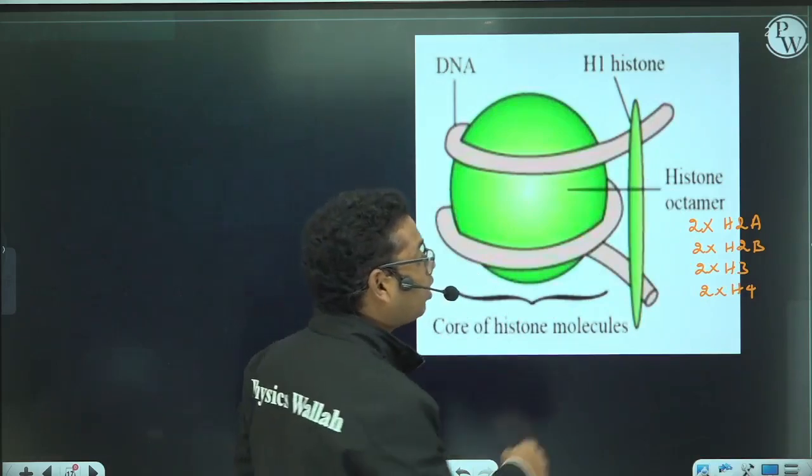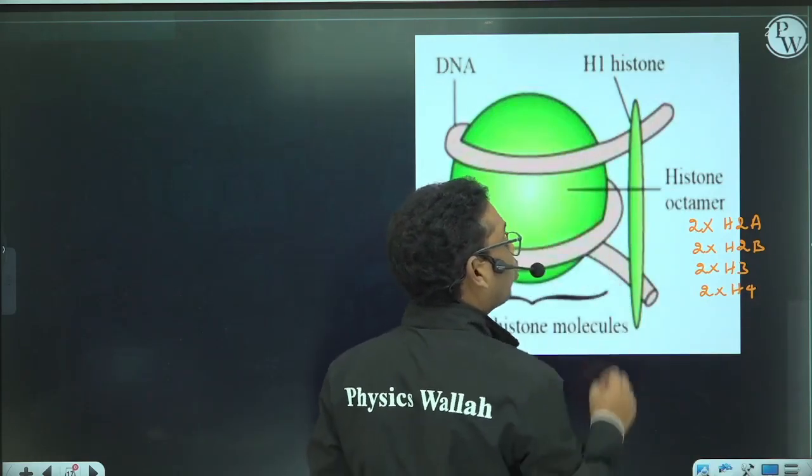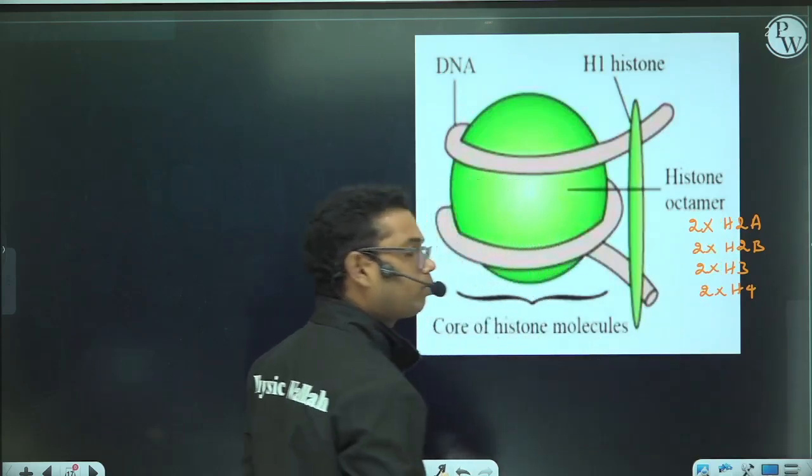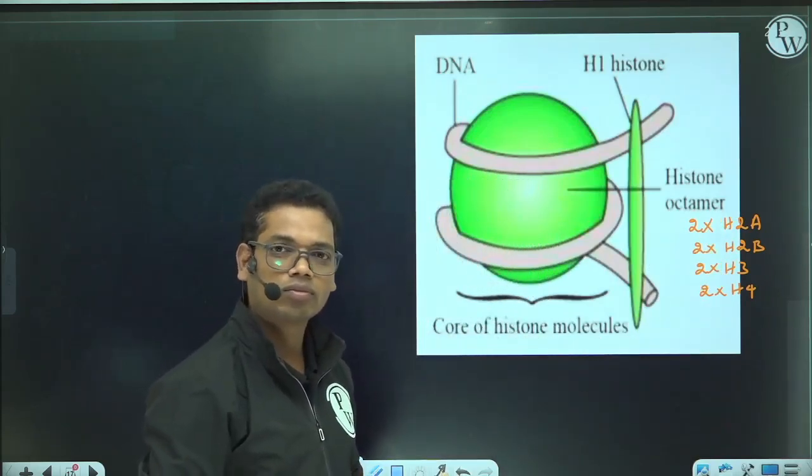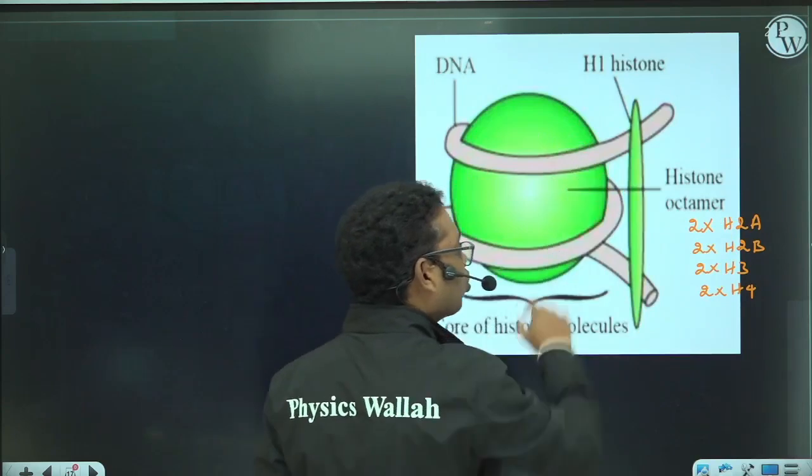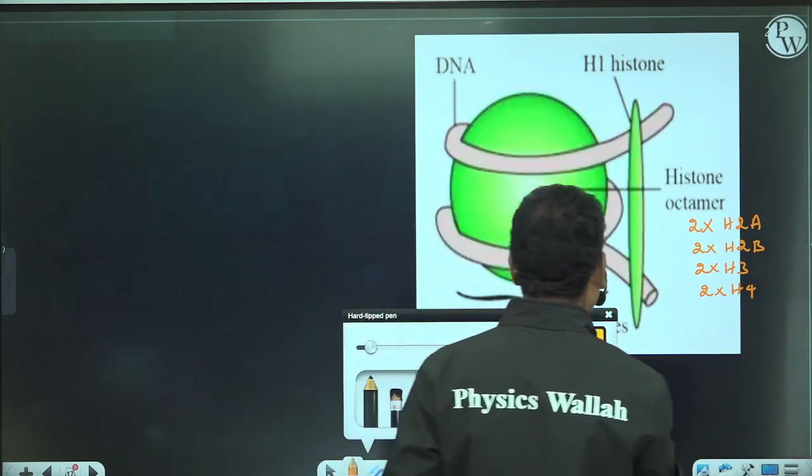How many proteins are present here? 8 proteins. That is why this is known as an octamer.